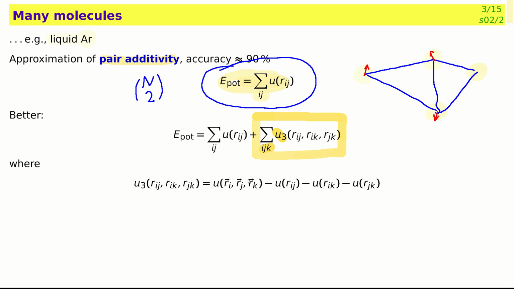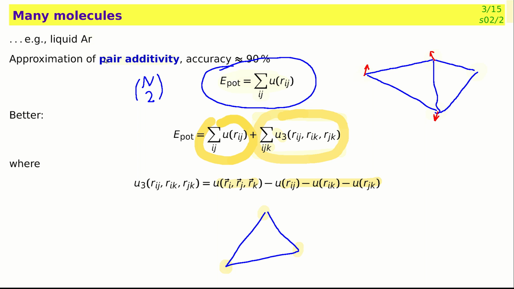And this three-body potential is defined, I will draw it again, in general from such a triplet of atoms in such a way that we'll take the total energy of these three atoms and deduct all pair contributions. Very approximately, such a rule of thumb, such three-body forces are about 10% of the whole interaction.